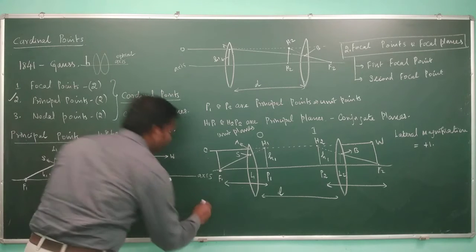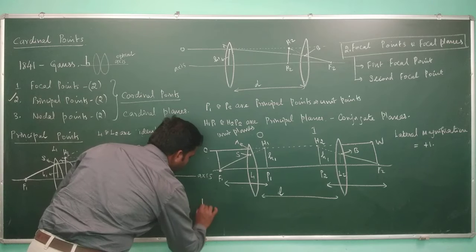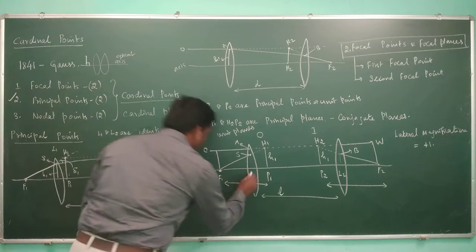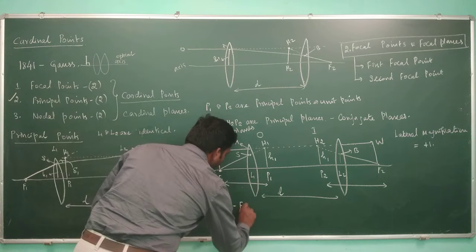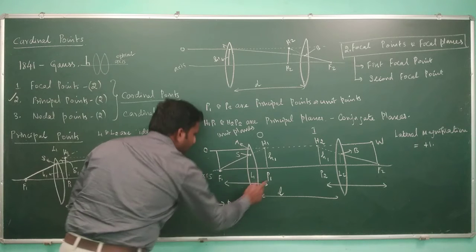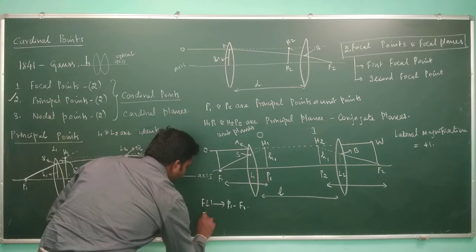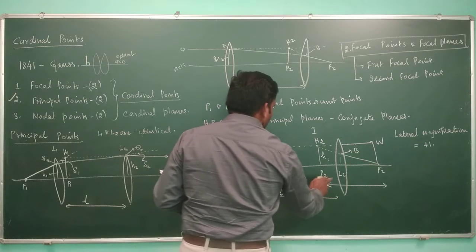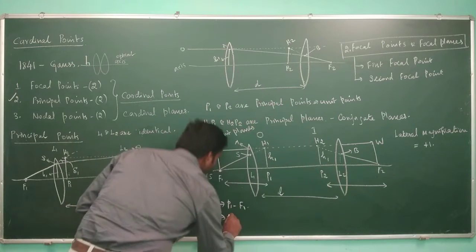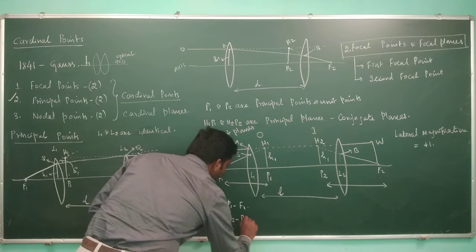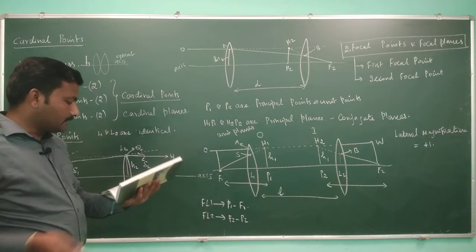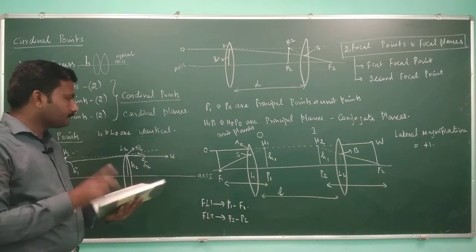So you can write focal length 1 as P1 minus F1. Then focal length 2 could be defined as F2 minus P2. Higher value minus lower value, if you put it in a Cartesian coordinate system.